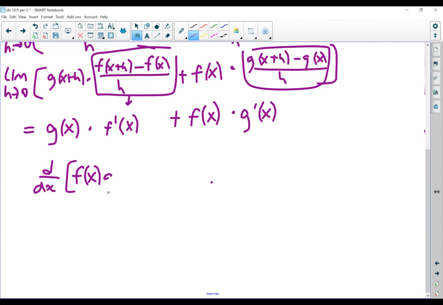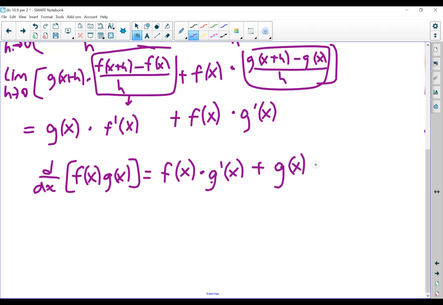If I have the product of two functions and I want to find the derivative, it's going to be the first function times the derivative of the second plus the second times the derivative of the first. So it's kind of like you're multiplying each combination of function with derivative.